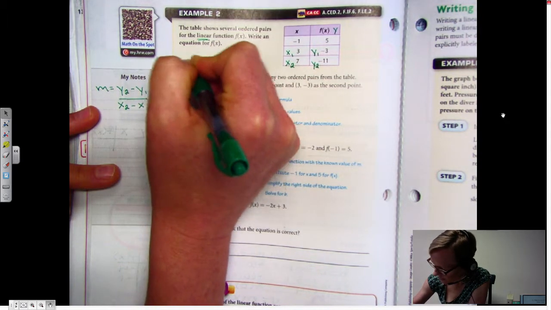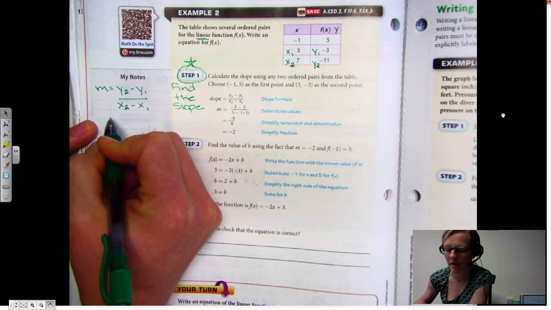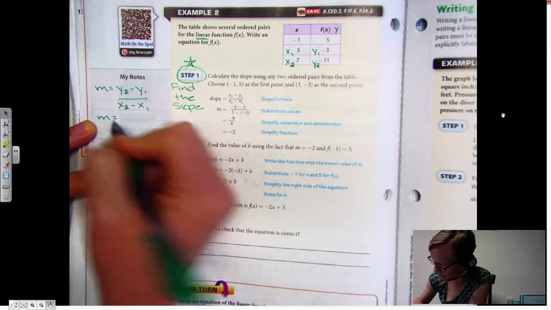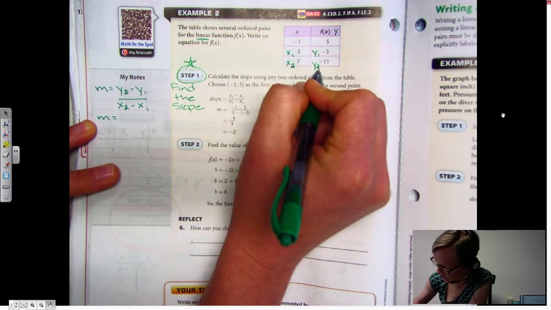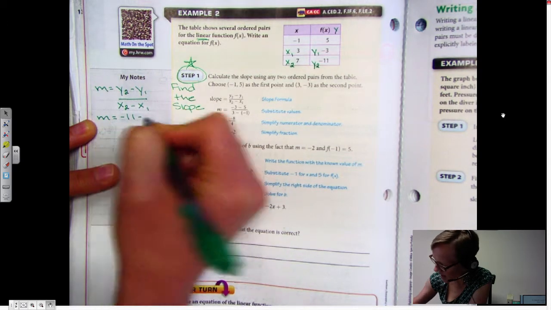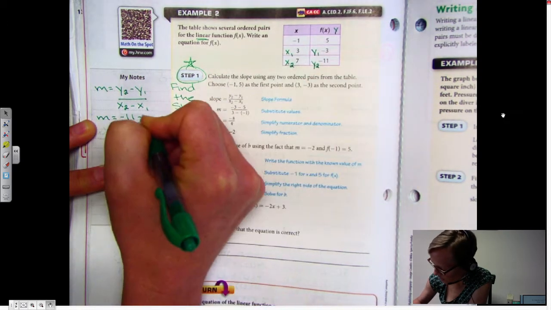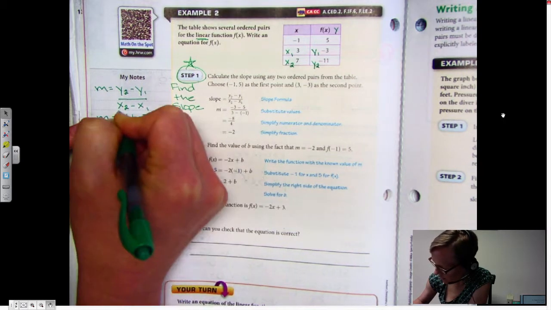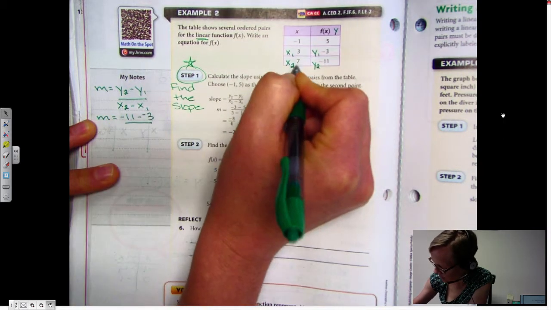Step 1. So I'm going to substitute my second points in here. I'm going to do m equals, my y2 is negative 11, subtract, because the formula says to subtract, my y1 value, which is negative 3, over my second point's x value, which is 7.